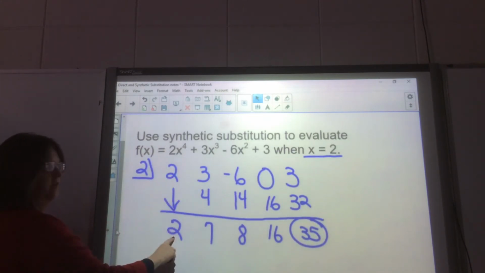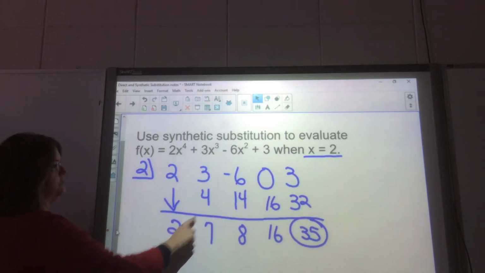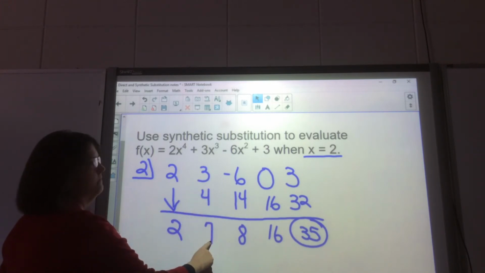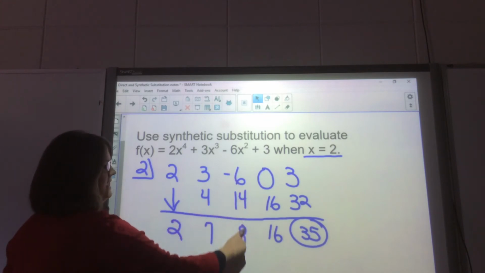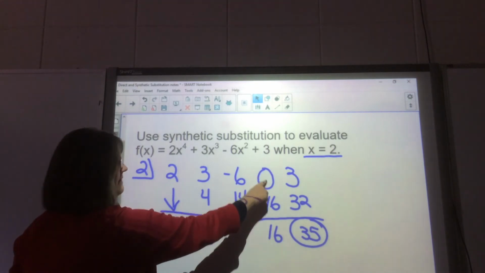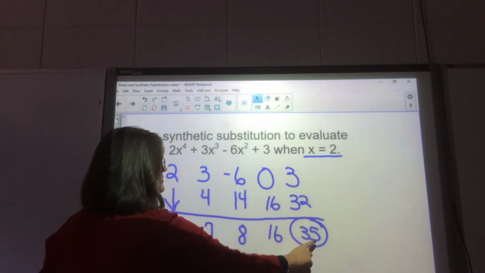You bring down the first number, always bring down the first number, then you multiply. 2 times 2 is 4, you write it here. You add these together, that gives you 7. Then you go 2 times 7, that's 14. You add these together, that gives you 8. 2 times 8 is 16. You add those together. 2 times 16 is 32, add 3 is 35.